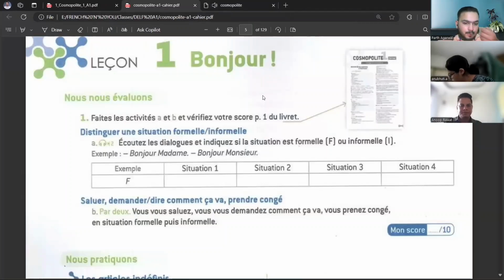Dossier 1. Leçon 1. Bonjour. Activité 1. Exemple. Bonjour madame. Bonjour monsieur. Situation 1. Salut Florence. Ça va? Oui, ça va.